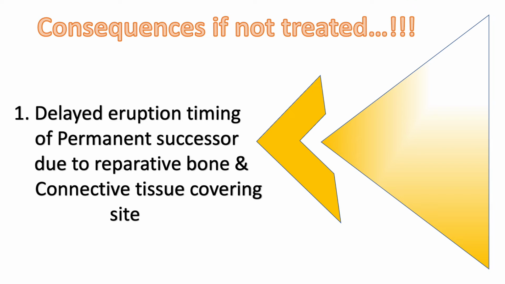See, even if you intervene and treat, there is anyways going to be a slightly delayed eruption of the permanent successors, but you can shorten the period of being delayed by intervening.